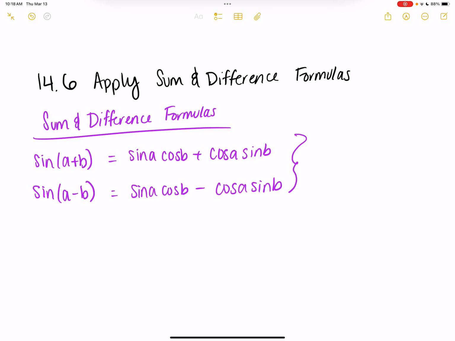So for these two, the signs, S-I-G-N-S, are the same for sine. So if this is the sine of a plus b, the sign in here is plus. If it's sine of a minus b, the sign in here is minus.